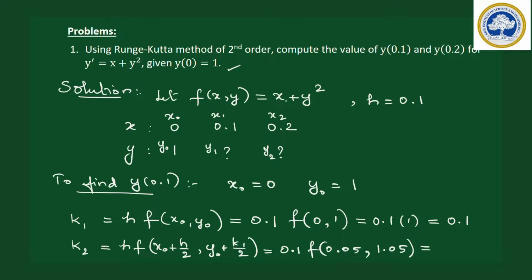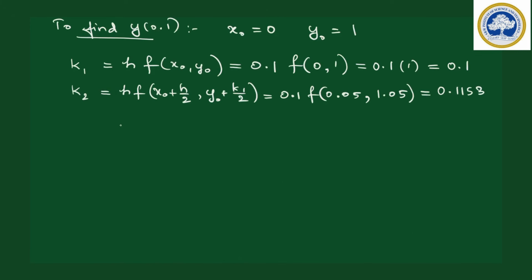So now substituting the value, this is x and this is y. If you put in the function x plus y square, calculating and multiplying by 0.1, we get the answer as 0.1153. Now we have to find out y1, which is equal to y naught plus delta y, where according to the formula delta y is nothing but k2.